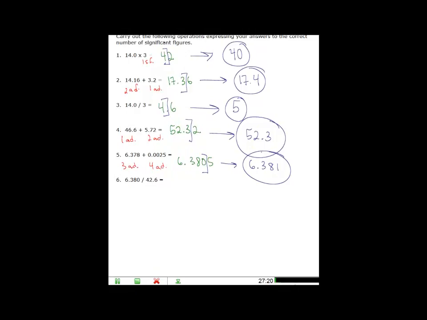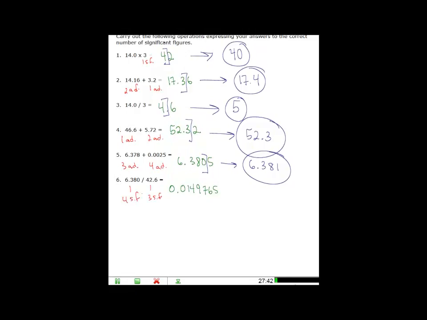And then the last one is multiplication or division. It's division, so we get this from our calculator. So our answer can't have more significant figures than either of the original numbers. So this one has 3 sig figs. This one has 4 sig figs.